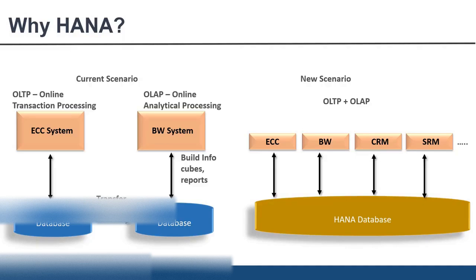Now with the introduction of HANA, since HANA has huge capacity to handle big data with a very high speed, you can run different applications on that same database, and as a result you can get real-time analytics with HANA, and this is the most important reason why SAP has introduced HANA.